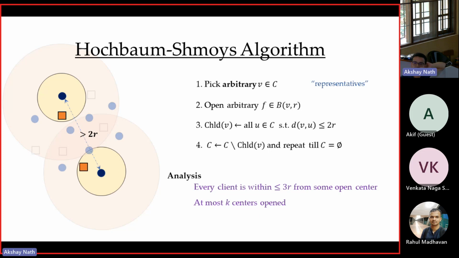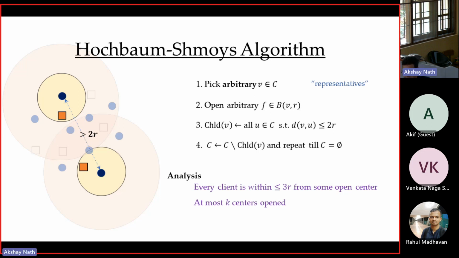Now, suppose I opened K plus 1 centers. It means that there are K plus 1 disjoint yellow balls. Any solution which covers these K plus 1 points, if you open fewer than K plus 1 centers, must be traveling more than distance R. So if you have K plus 1 disjoint yellow balls, then the optimum guess is bigger than R. R is too small.